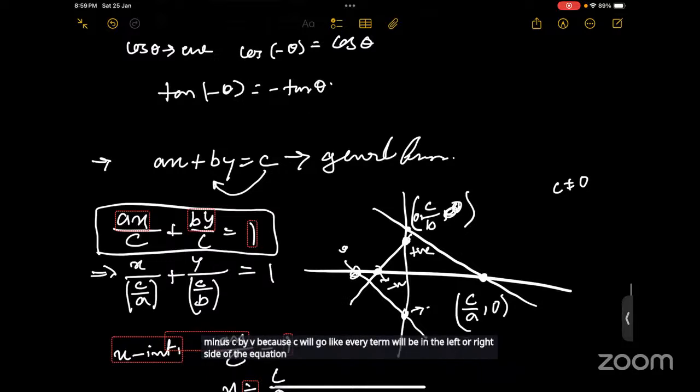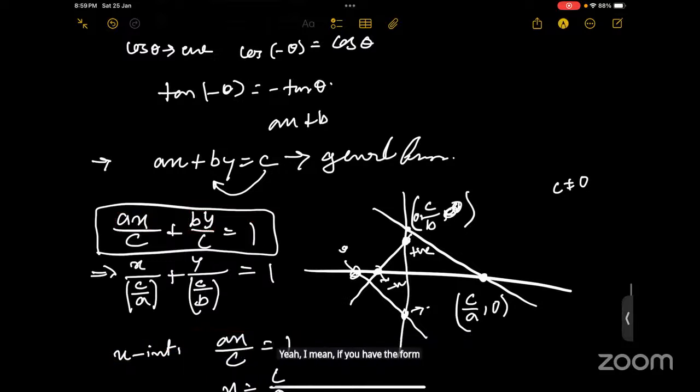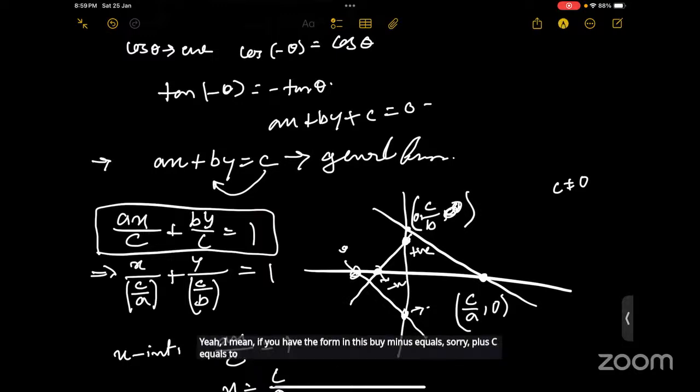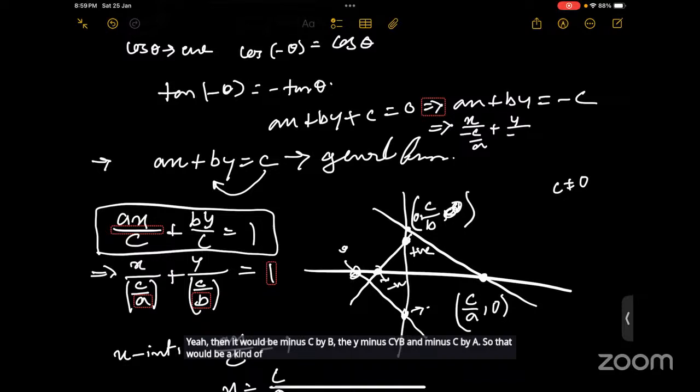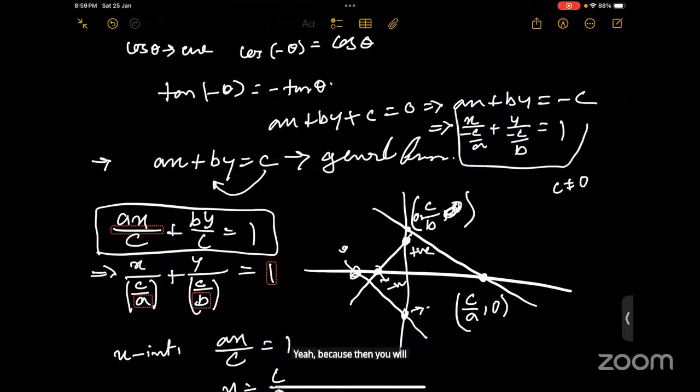Yeah, if you have the form ax plus by plus c equals to 0, then you will get minus c by b for the y-intercept and minus c by a for the x-intercept. So we have to put a minus sign in that. Then you will get this, right? So in that case, you will get a line like that, right?